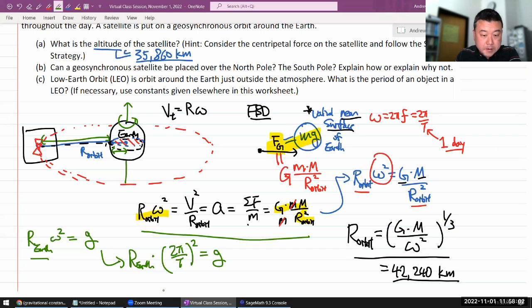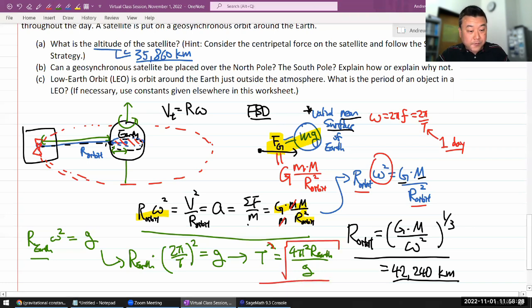Just trying to do the algebra in my head. I'm going to have T squared on the right, everything else on the left. Flip them around: T squared is equal to 4 pi squared r Earth divided by g. Take the square root for the period itself.